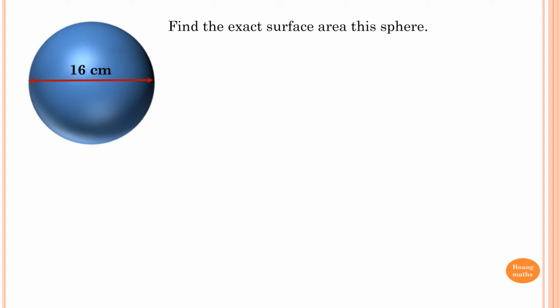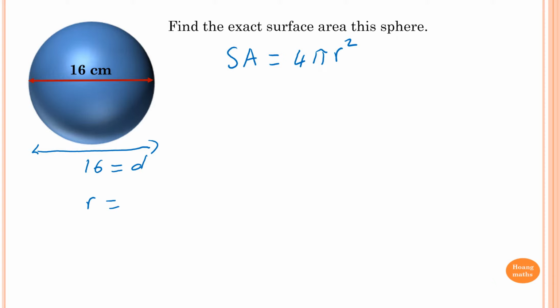Find the exact surface area of this sphere. So please pause the video and try to do this one yourself if you think you can. Now we know that the surface area is equal to 4 pi r squared. Now from all the way from this end to this end, this is the diameter, which is 16. The radius is half of the diameter, which is half of 16, which is 8.